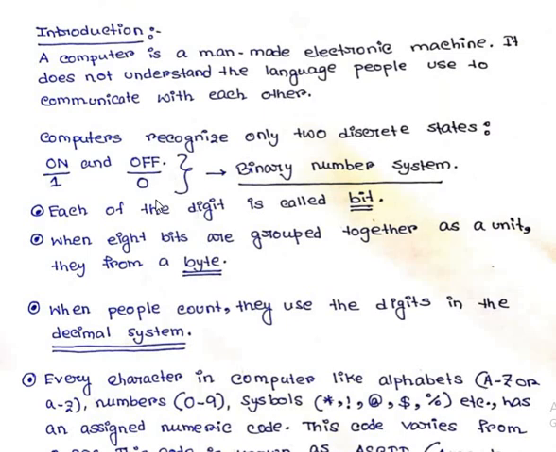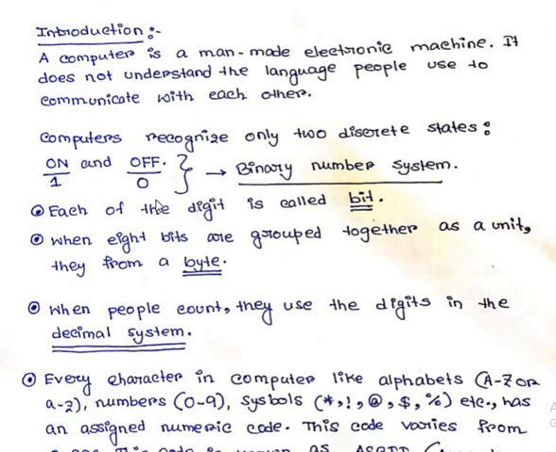Now what normal people understand is the decimal number system, consisting of 0 to 9. We can form a number applying any digits from 0 to 9, like say 556. It is a combination of 5, 5 and again a 6.